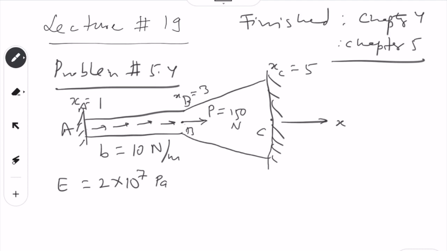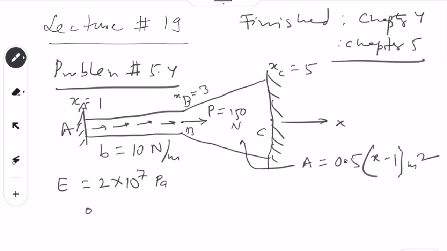One thing more: the area A varies. From B to C, A is given as 0.5 times (x minus 1) meter square.